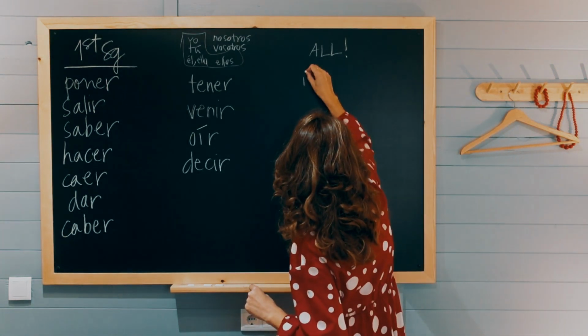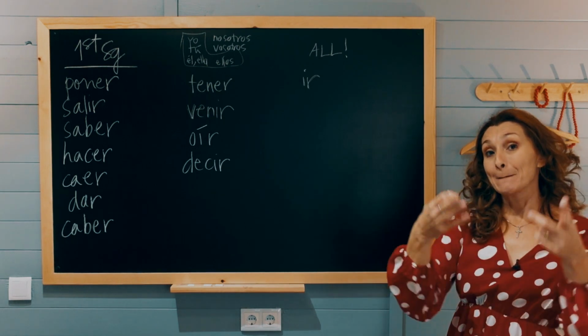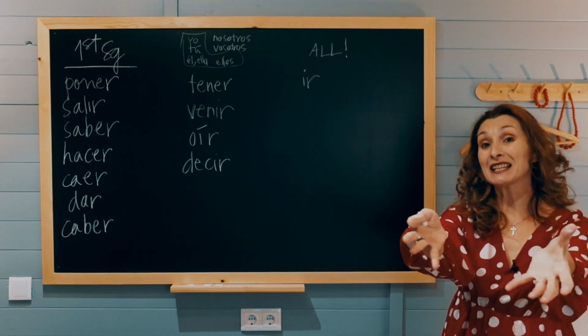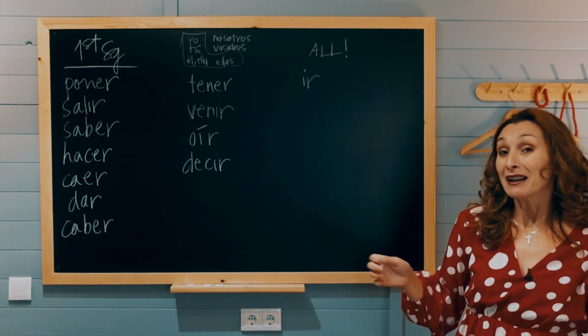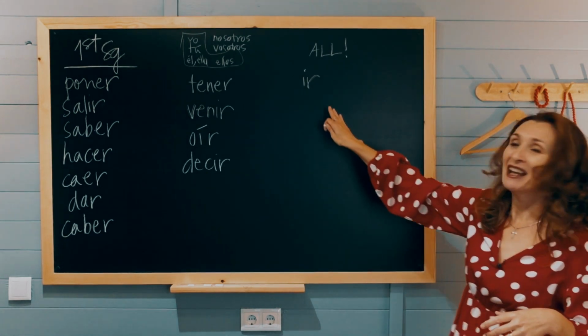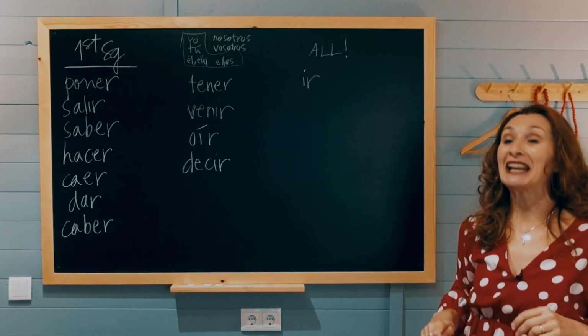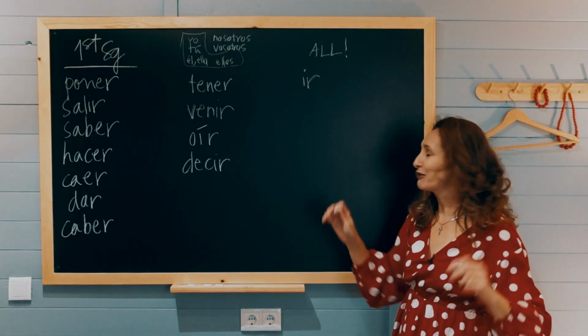One is ir, to go: voy, vas, va, vamos, vais, van. As you can see, voy, vas, va, vamos, vais, van doesn't look at all like ir. It's a very, very irregular verb.